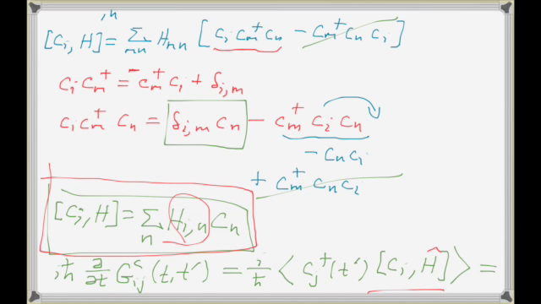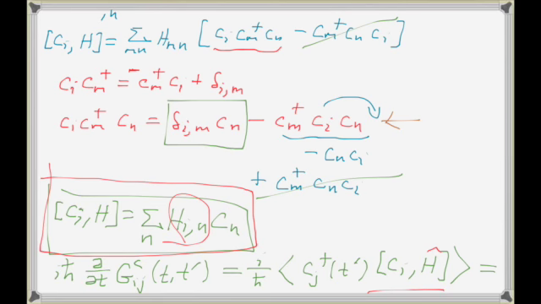I'm going to replace the c_i c_m dagger with this delta_im minus c_m dagger c_i. And so I get two terms: delta_im times c_n, minus this other term over here on the right.